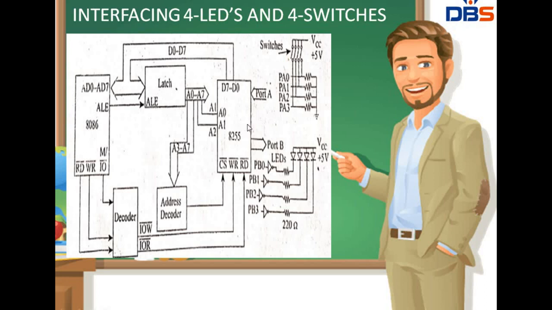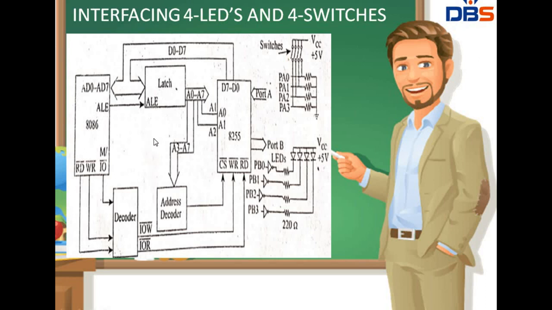To demultiplex the address and data lines, a latch is utilized here so that the 8086 can be used as either 8-bit or 16-bit. Here we have D0 to D7, that means 8 bits. So we can use the 8086 with 8-bit or 16-bit address lines for interfacing IO devices.